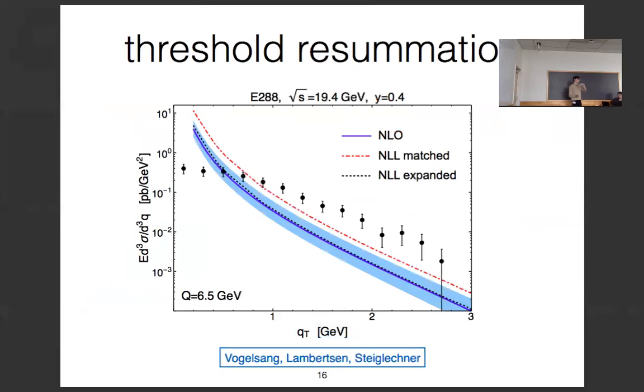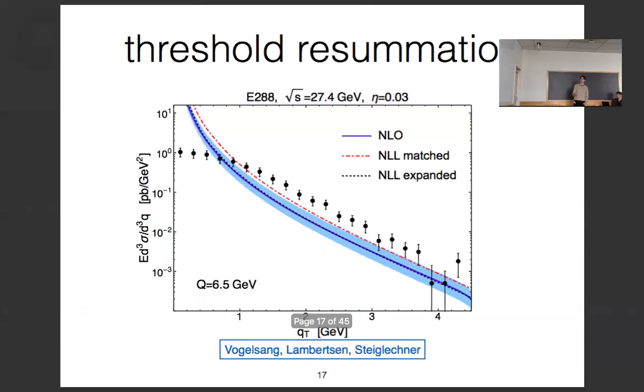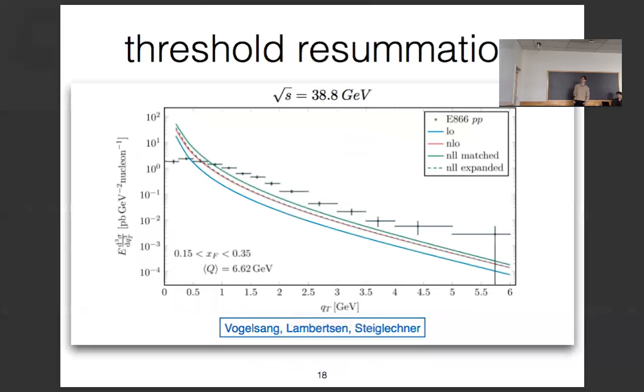And let's start from the lowest energy experiment. So you see here the impact of resummation is quite important. It's outside of the NLO uncertainty band. In any case, as you go up with the square root of S, the impact reduces, until you go to the highest energy experiment, where the impact is this.